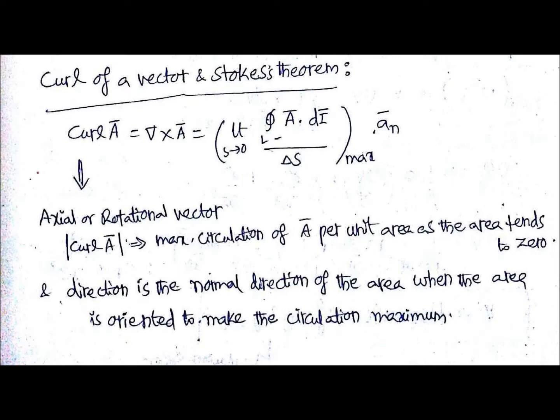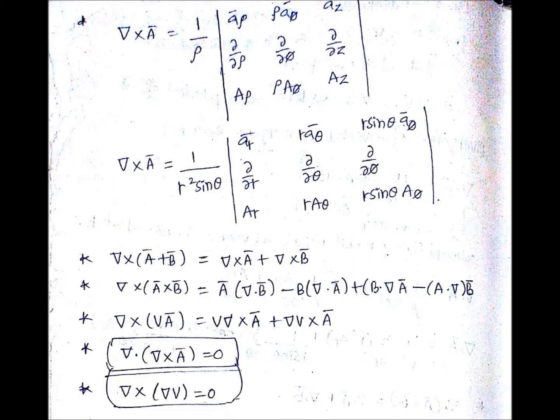So all these are not so important, you just need to solve the problems only, don't worry about all this. But you can't say about exams, right? That's why I have written it very clearly. How can we write that curl definition? You can write in case of cylindrical like this.